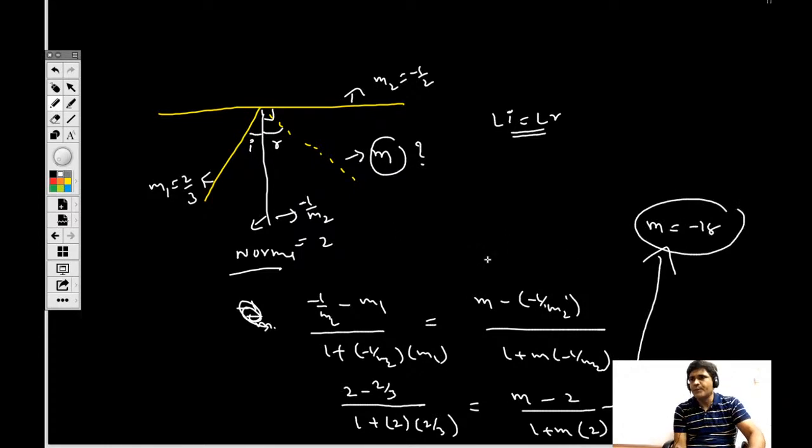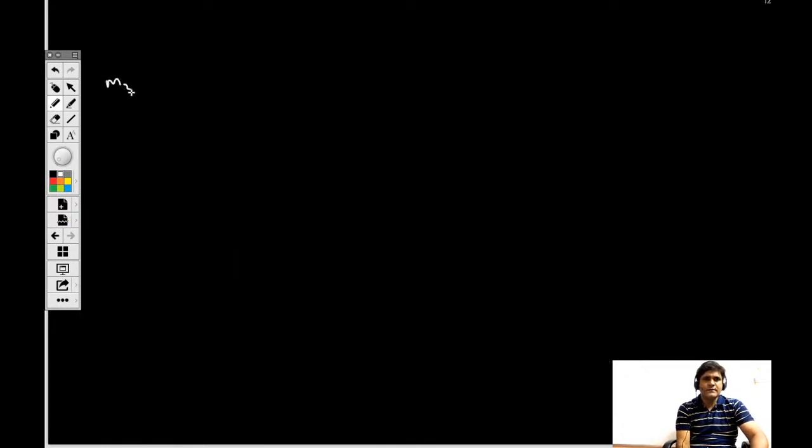This is method 2. Method 3 is: this is the mirror, this is the incident ray. You extend this incident ray. This is the reflected ray.